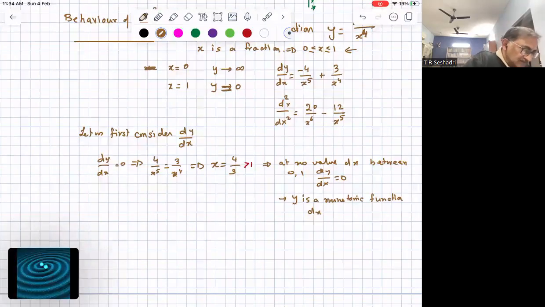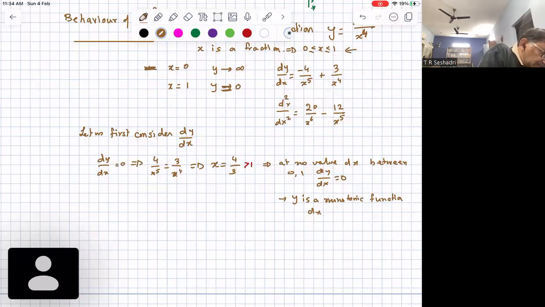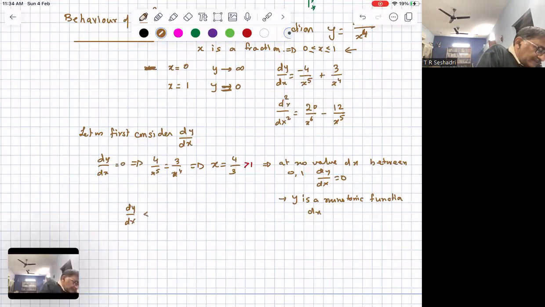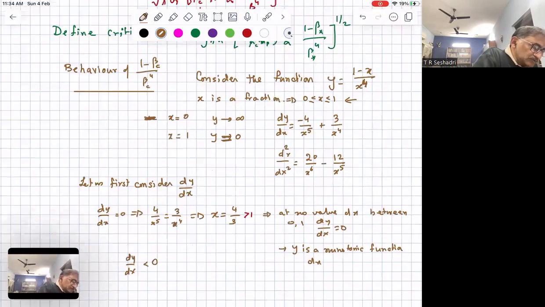Yes, sir. Yes. Okay. Further, dy by dx is always less than 0. Okay, so if you take here, for example, if I take x equal to 0, then this will be minus infinity.